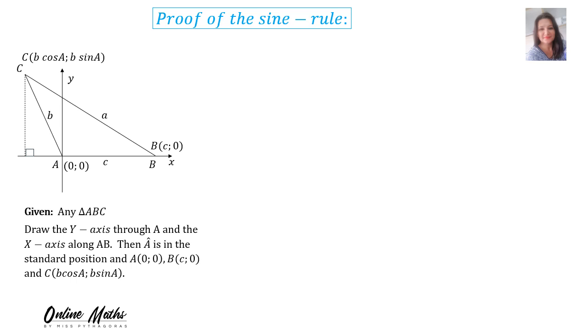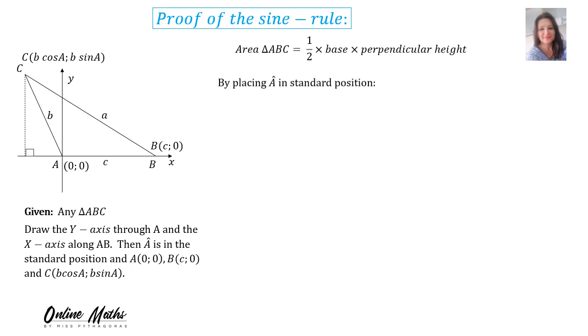Now, to prove the sine rule, you start with the area rule. But you don't have to prove the area rule again. You can just use the area rule, where the area of triangle ABC is half times base times perpendicular height.